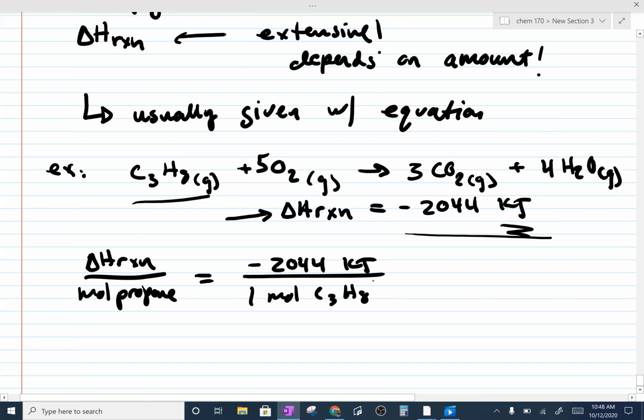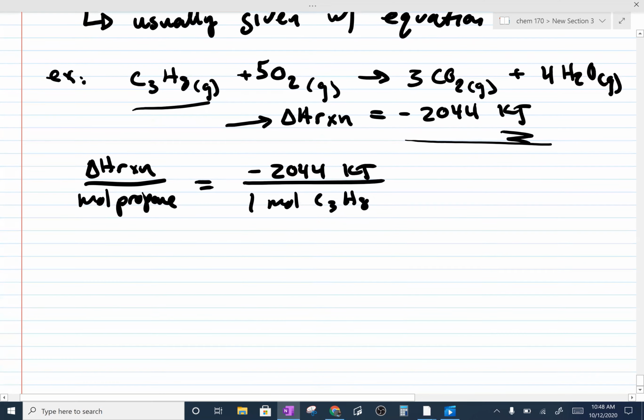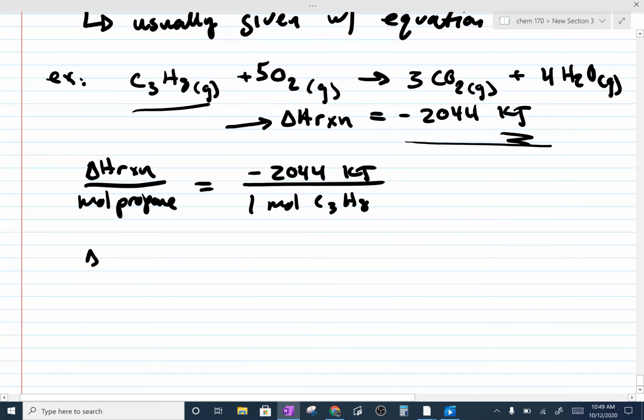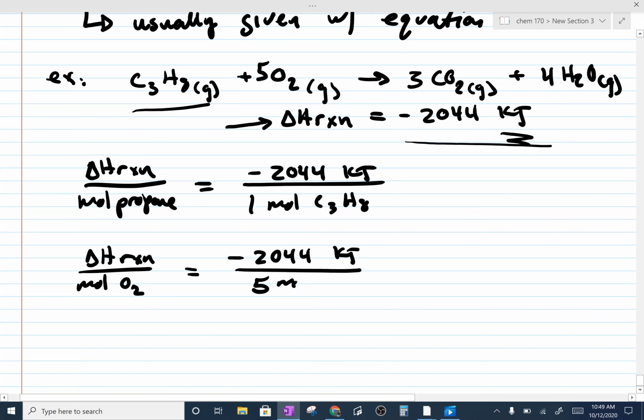We can also write this in terms of per mole of oxygen. So delta H reaction per mole of O2 is equal to negative 2044 kilojoules per 5 moles of O2. Okay, so this extensive property has been normalized by the stoichiometric coefficients in the chemical equation.